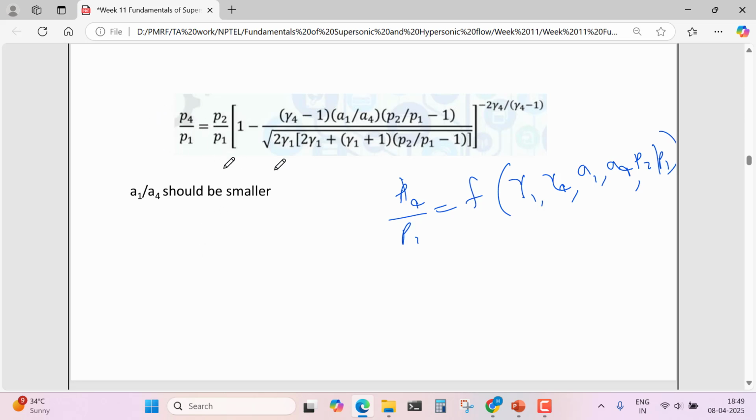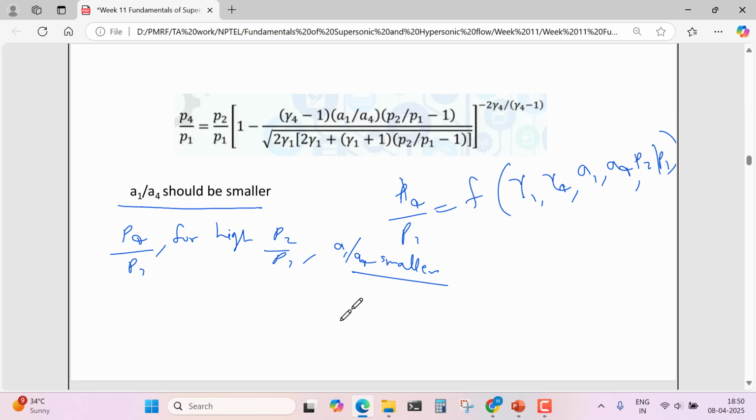And if you plot this relation, we can see that for a given P4 by P1, for a high value of P2 by P1, A1 by A4 should be smaller. So what is A1 by A4? A1 is sqrt(gamma 1 R1 T1).